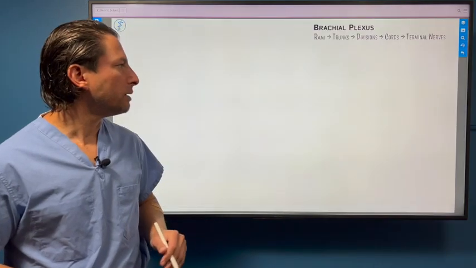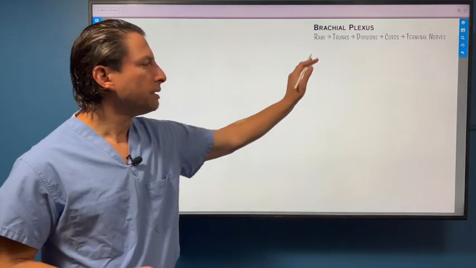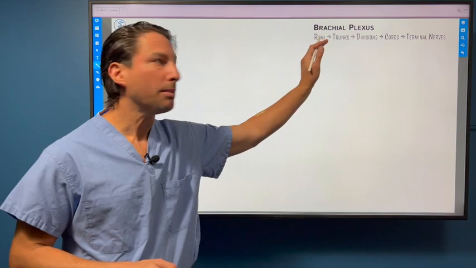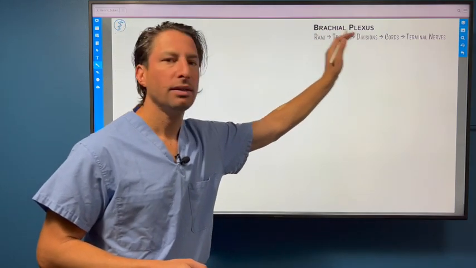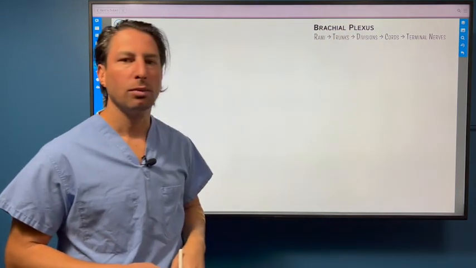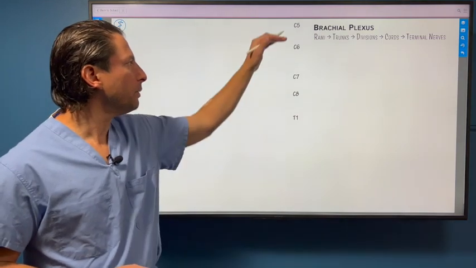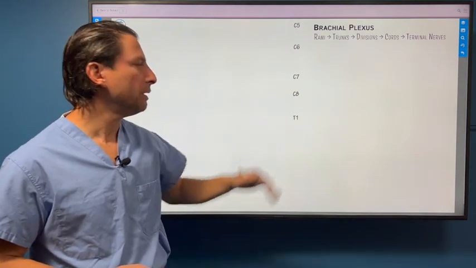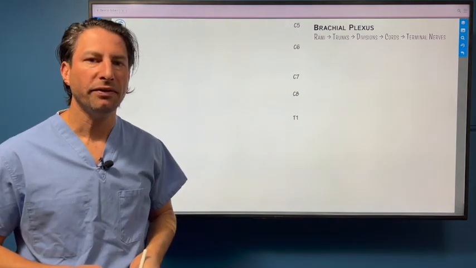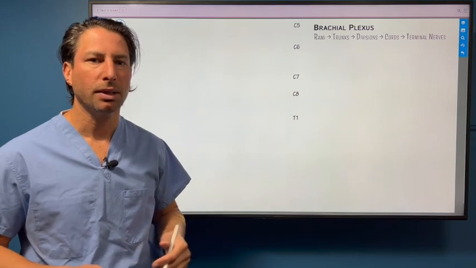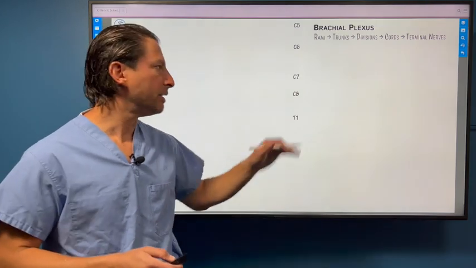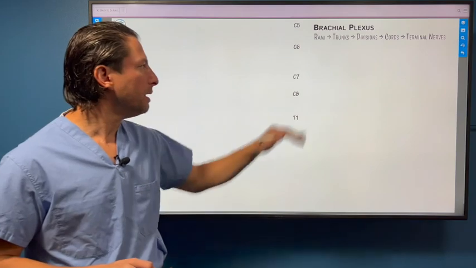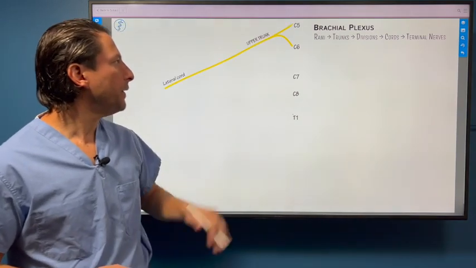It's core to understanding peripheral nerve innervation. Its major organization is rami or roots, trunks, divisions, cords, and then terminal nerves. The key roots, C5 to T1. There's also this notion of a prefixed plexus and a postfixed plexus with some innervation of surrounding roots, but those are the core roots.